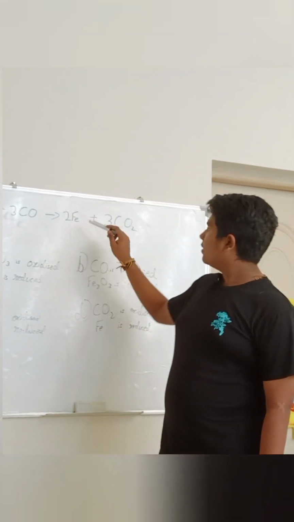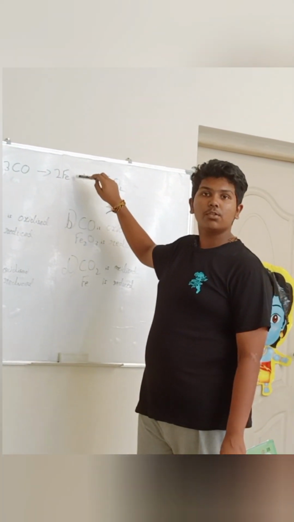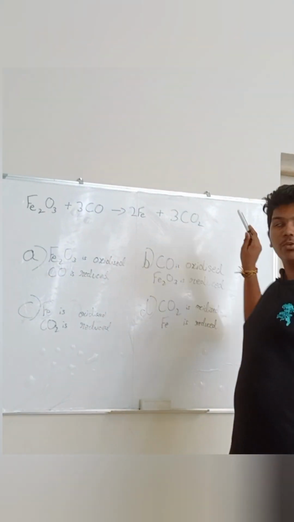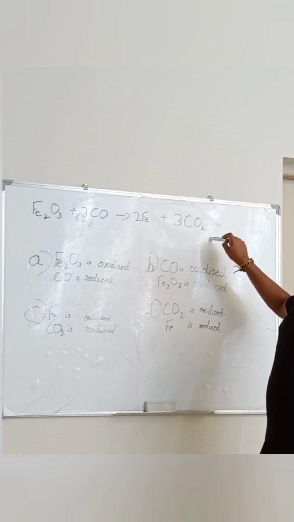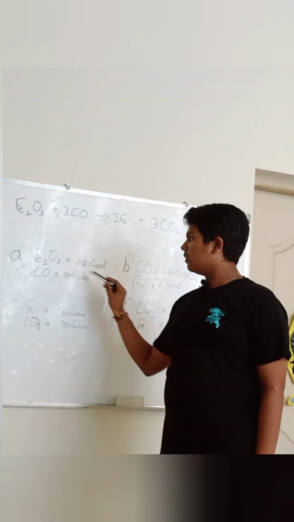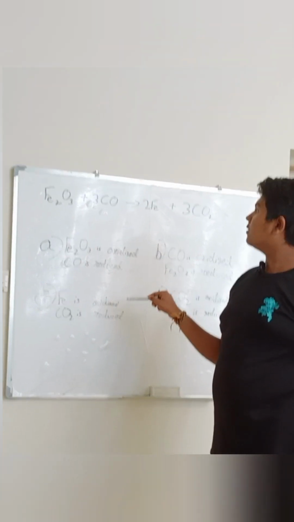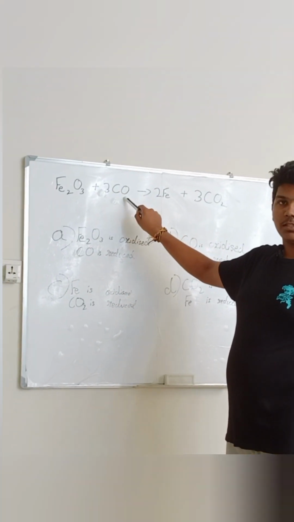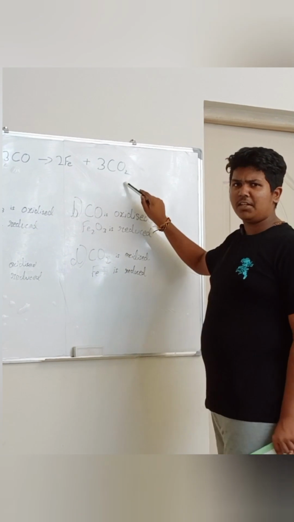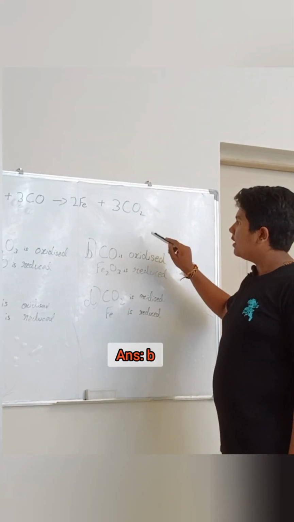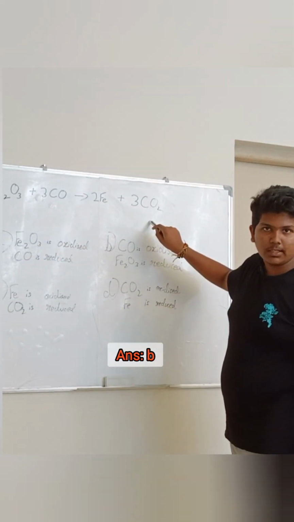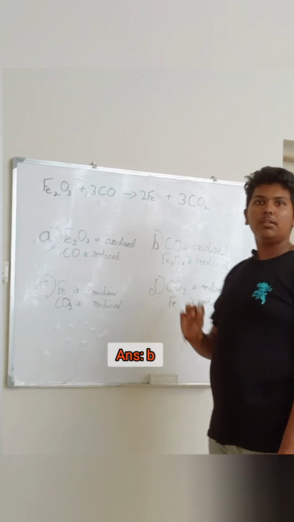No. All the oxygen present here has gone to the next substance. So it is not possible, and it is also written CO is reduced. But is this reduced? No. It is given an extra oxygen. So this option is not possible.